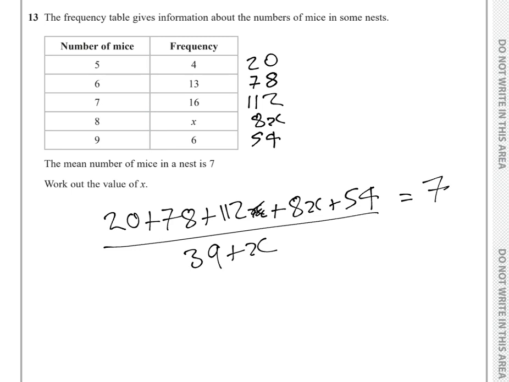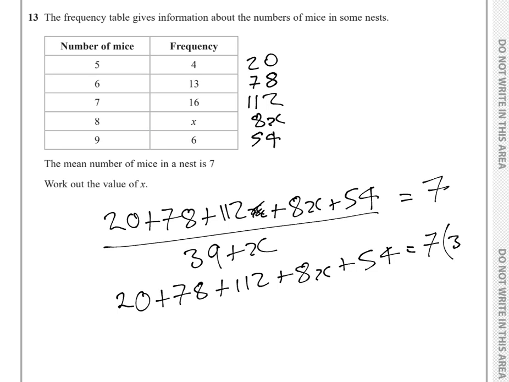So again, if I multiply the bottom by that, 20 plus 78 plus 112 plus 8x plus 54 equals 7 lots of 39 plus x. See, this has come up several times already, this paper, multiplying out by the bottom fraction.